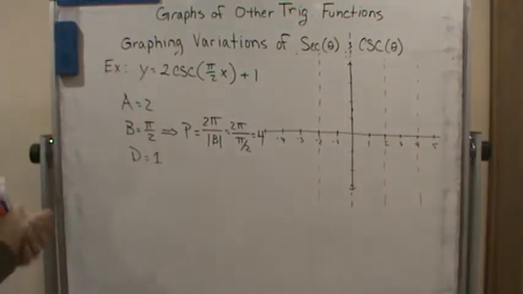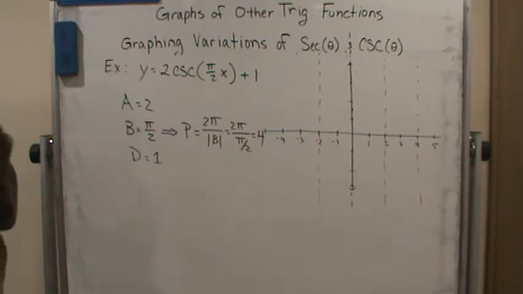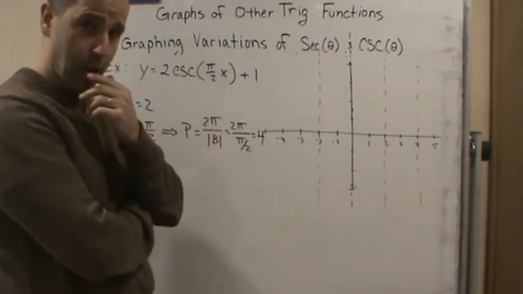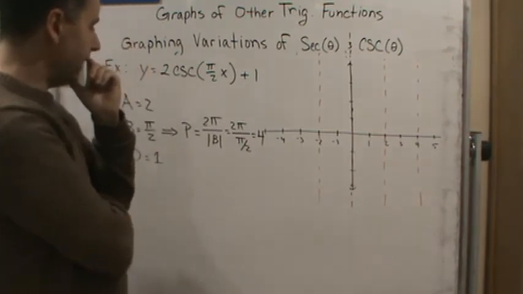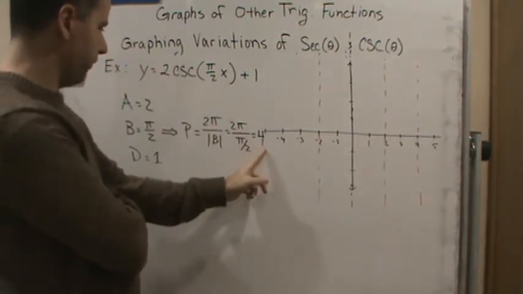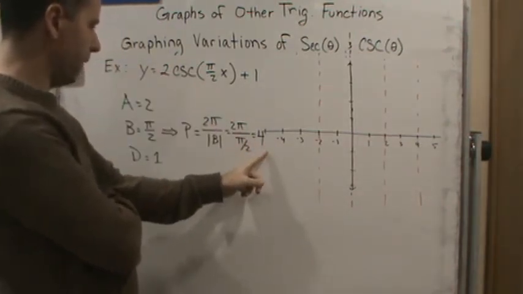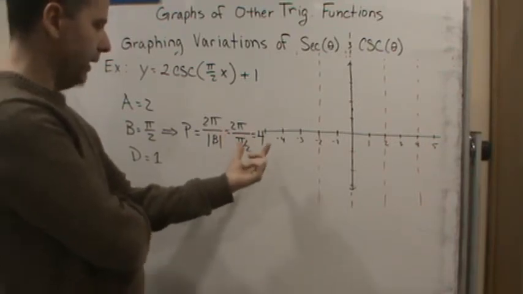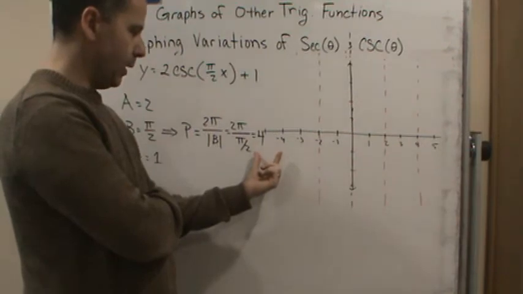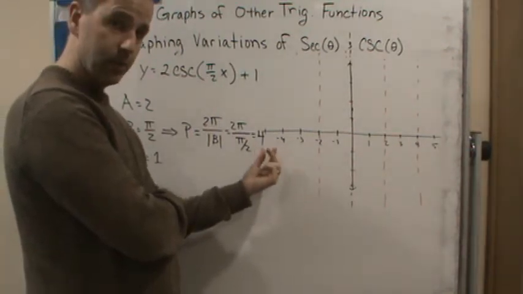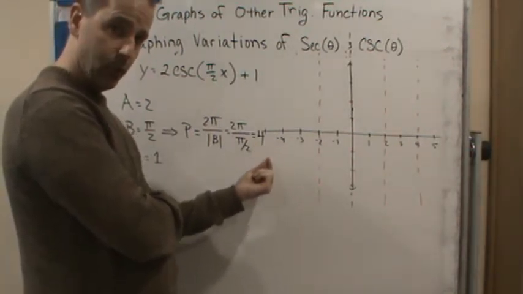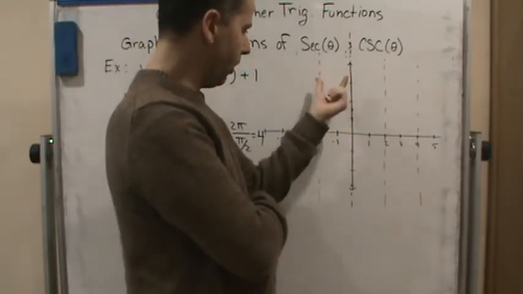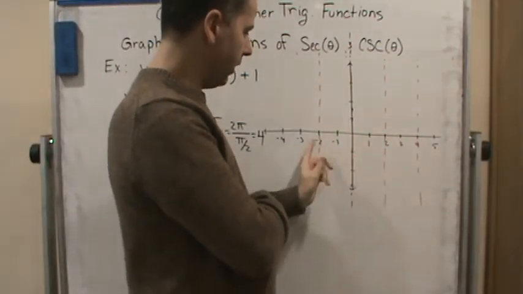Now, here's the other way. Again, there's more than one way to figure these out. So here's the thing. I know the period is 4. And so that means the asymptote will happen for every half of that, because remember, one u is going to go up, one u is going to go down in the period.